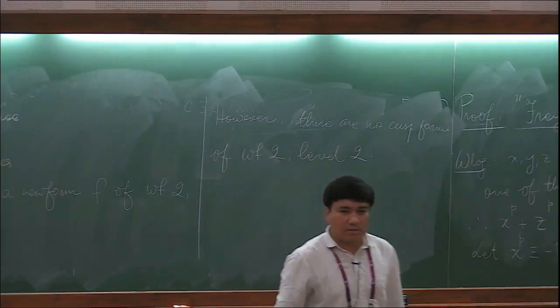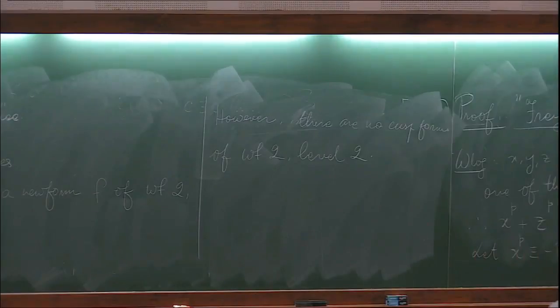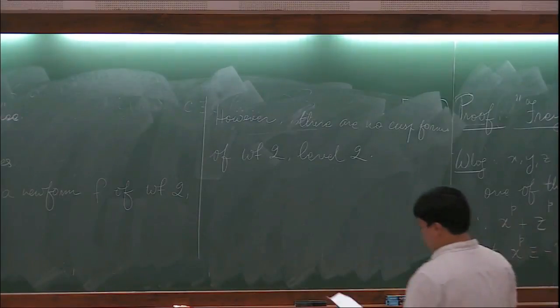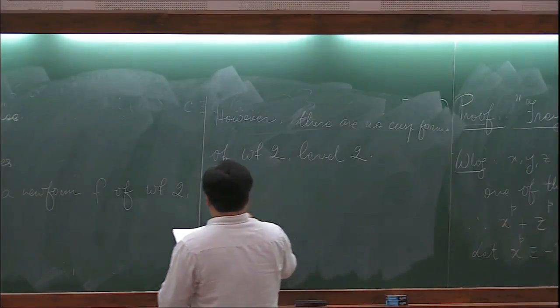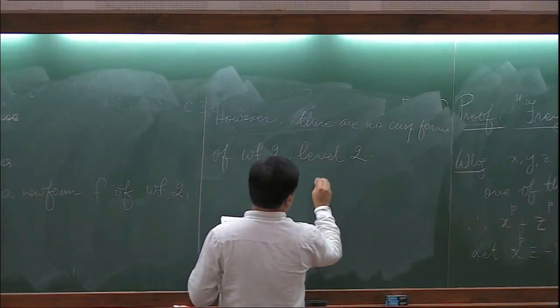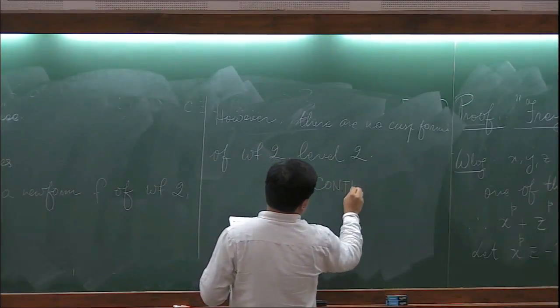Weight 2, level 2, there are no cusp forms at all. So that's a problem, right? This is a contradiction. We have arrived at a contradiction.